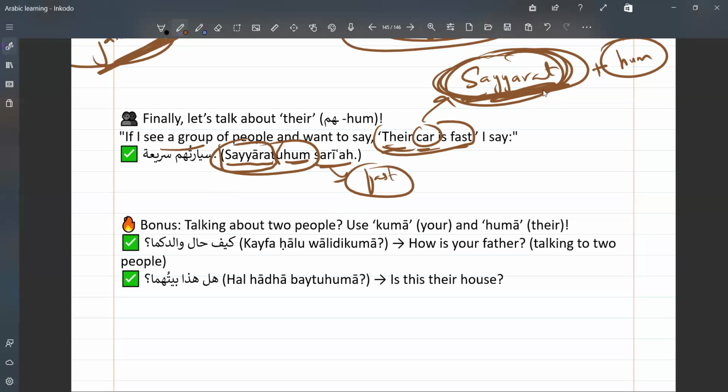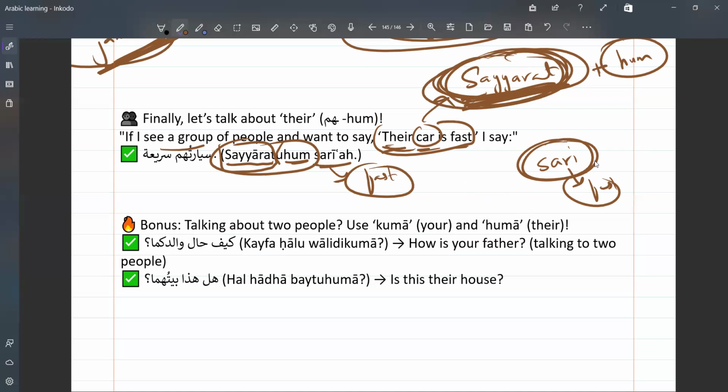And if this subject, car, would have been a masculine word, then we would have said the word sari'. Sari' and sari'a both mean fast, but sari' is used for masculine subject and sari'a is used for feminine subject.